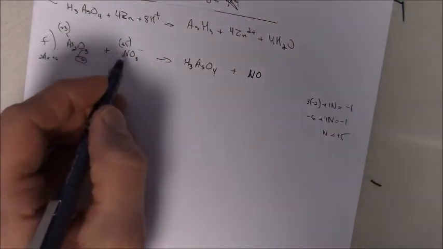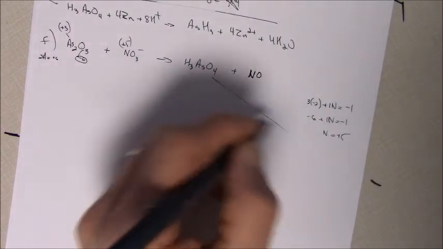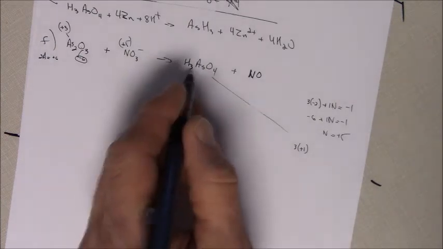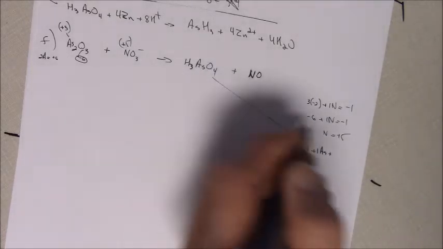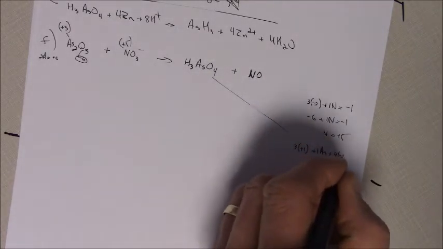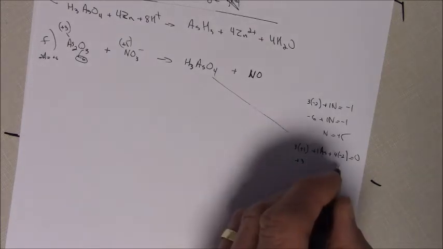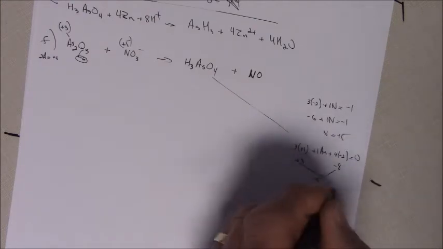+5 on that nitrogen. This arsenic, you could say I've got 3 +1s for the 3 hydrogens, plus 1 arsenic, plus 4 -2s, equaling 0. So you've got +3 and -8, so this side is at -5. Bring it over. 1 arsenic is +5.